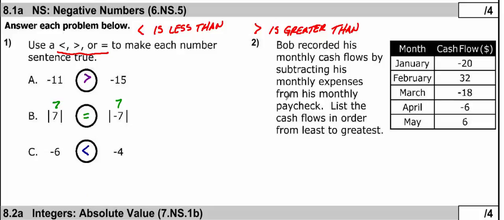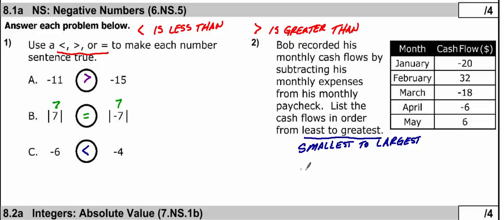On to part 2. They asked us to record these in a list that is least to greatest. And we talked in class about the fact that if you think of it in terms you use more often, it would be smallest to largest. What's the smallest number all the way to the largest number?